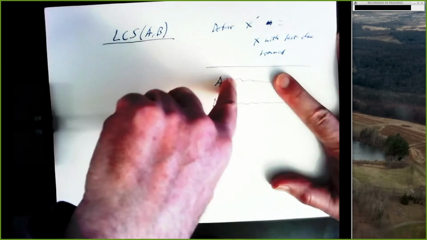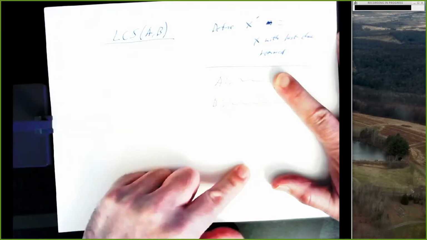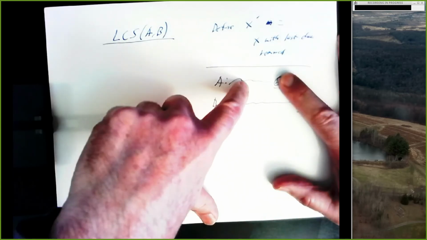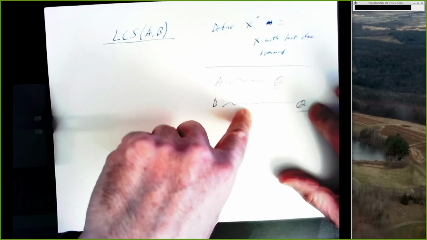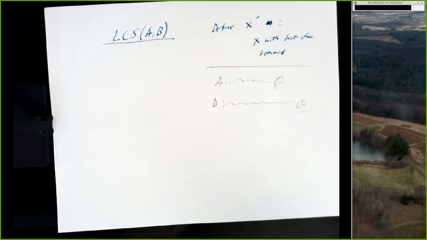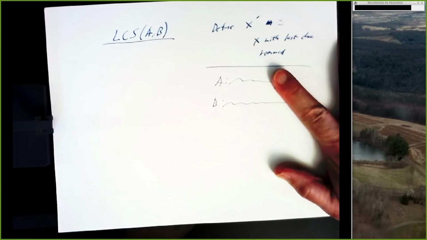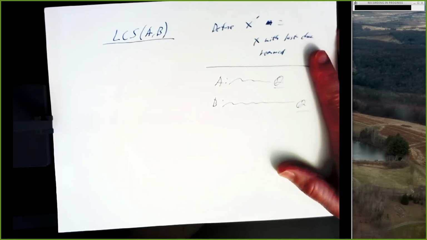Because any sequence of characters in here that we also find in here, if we simply tack a Q on the end, we've got a subsequence here that's the same as a subsequence here. So if A and B end with the same character, all we have to do is find the longest common subsequence of these truncated strings and add 1 to it. And that'll be the longest common subsequence of these strings.